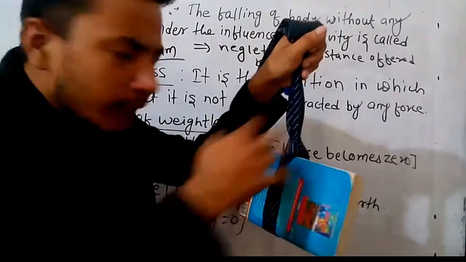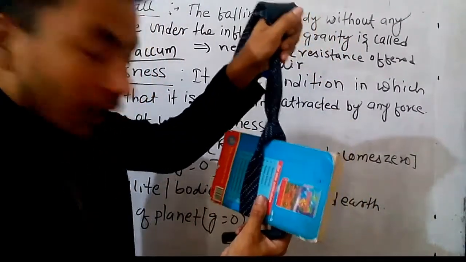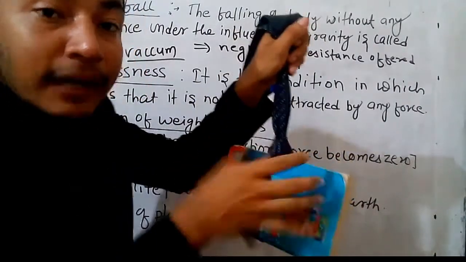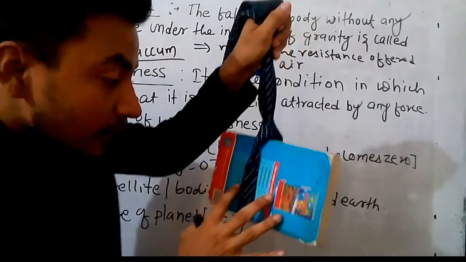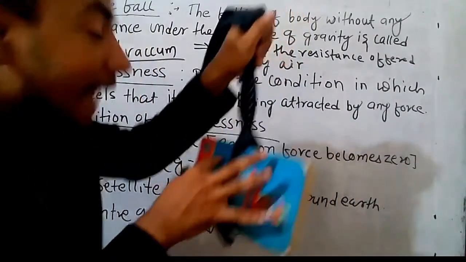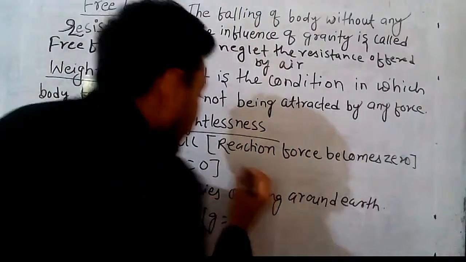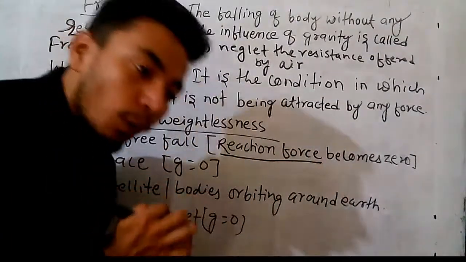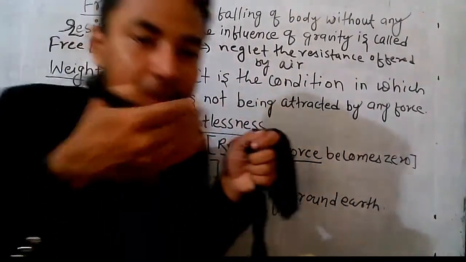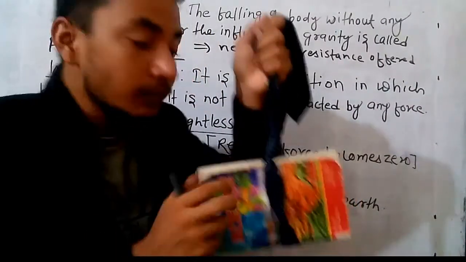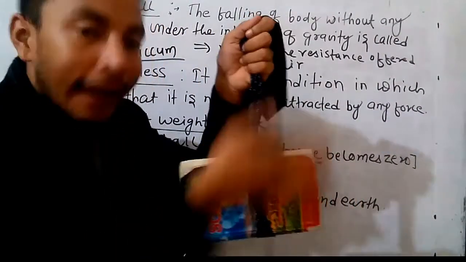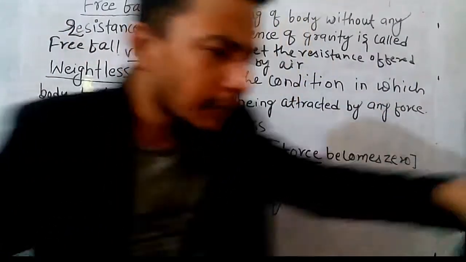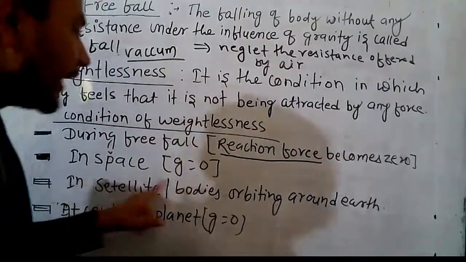So listen, during measurement of weight, the body or object gives a force to the beam balance or any surface that measures weight, and that force is called reaction force. Understood? So this force is called reaction force.